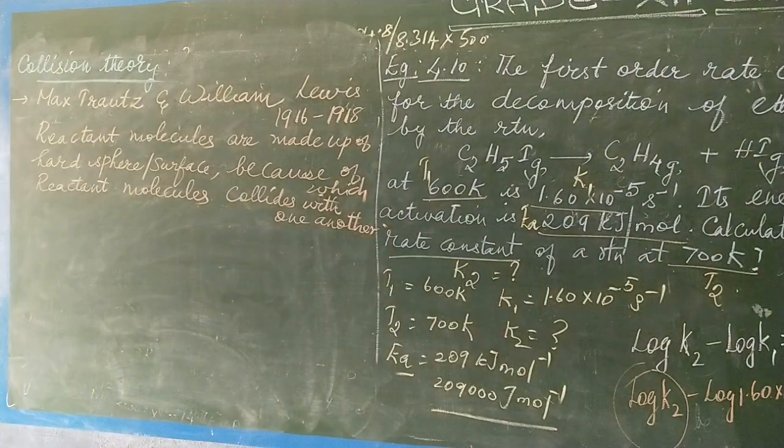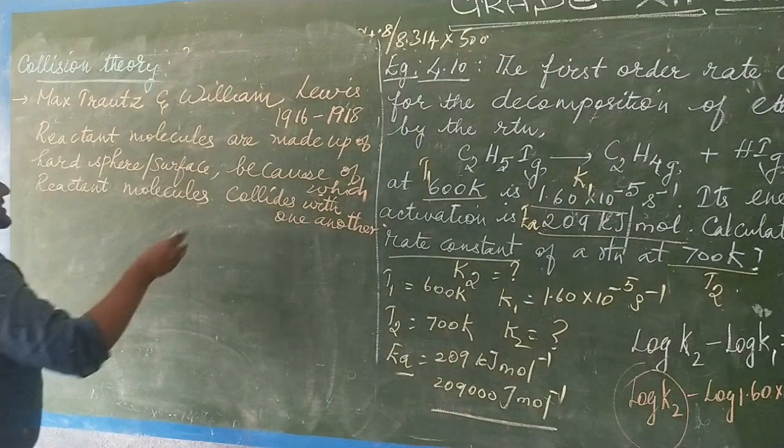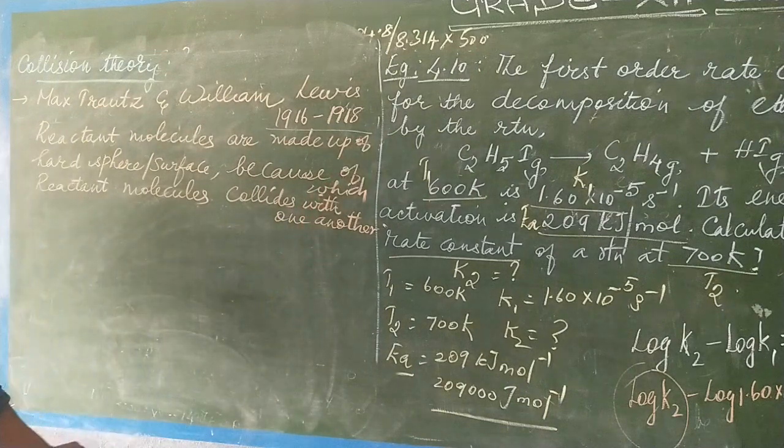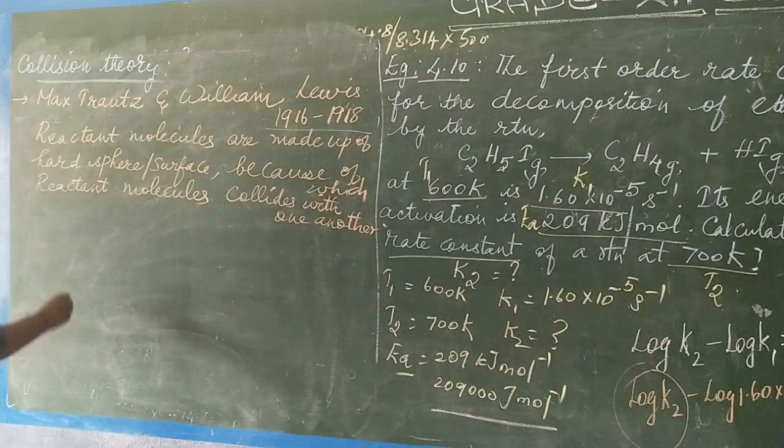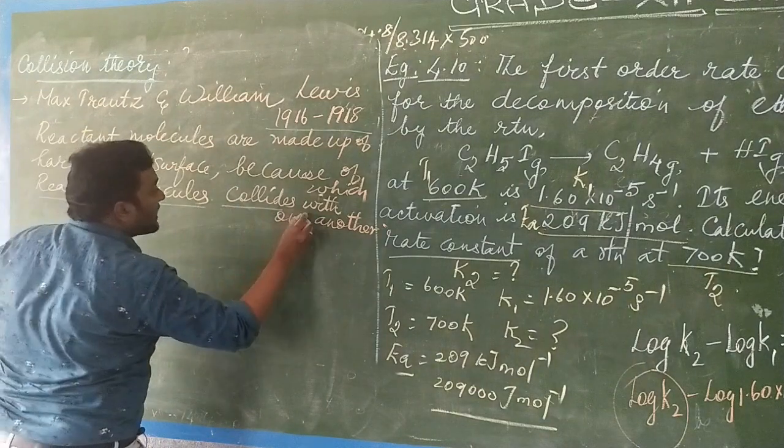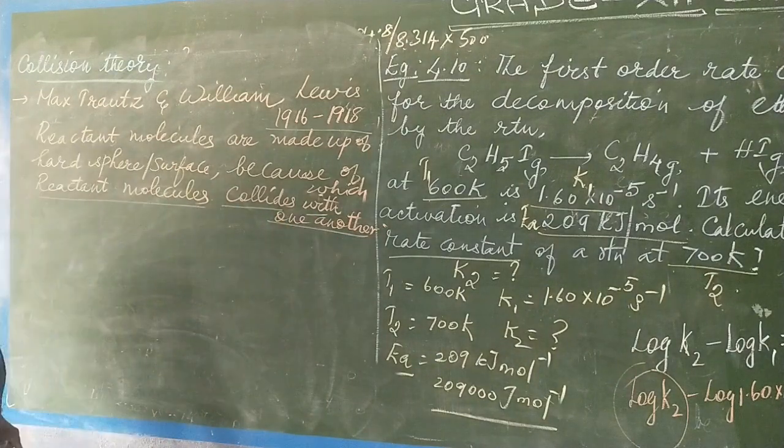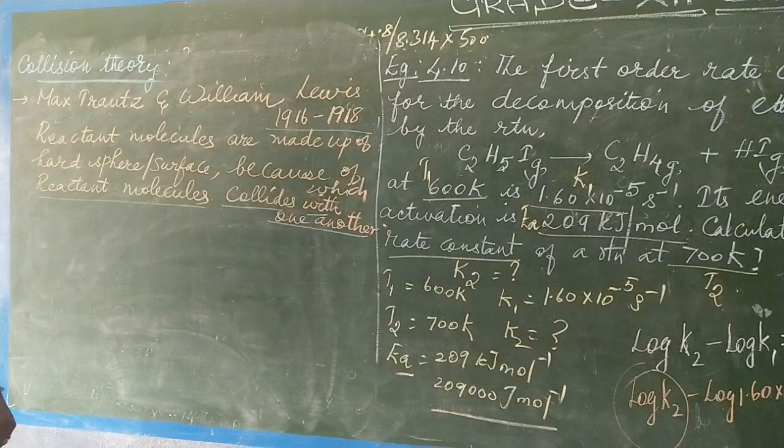What is the meaning? Max Trautz and William Lewis, in the years 1916 and 1918, are telling that the reactant molecules are made up of hard spheres, because of which these reactant molecules will collide with one another.